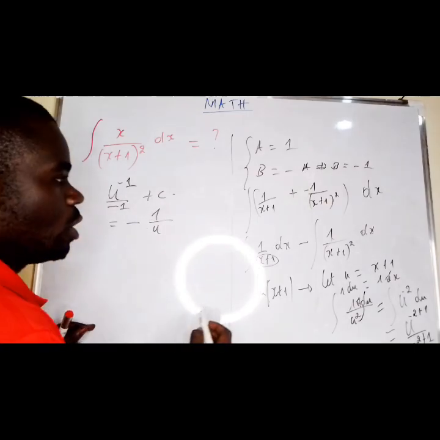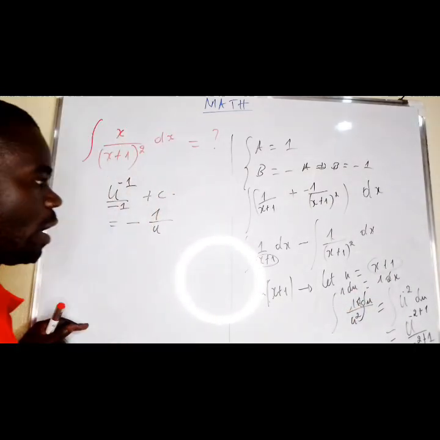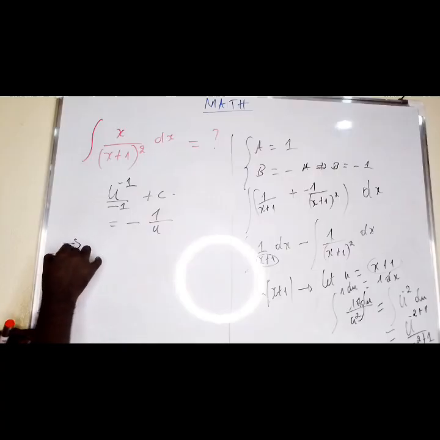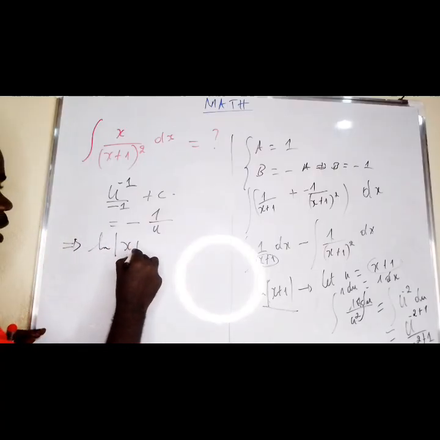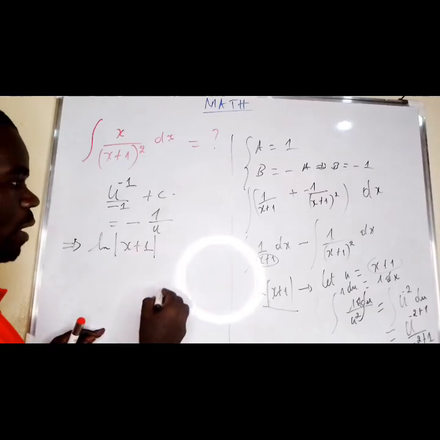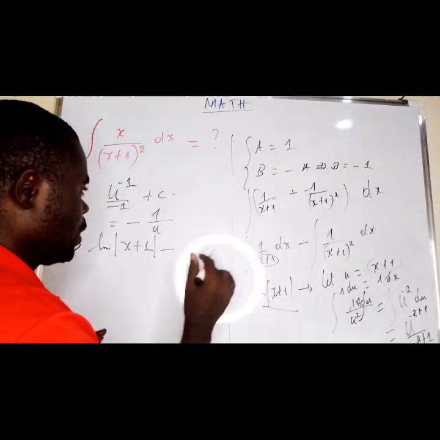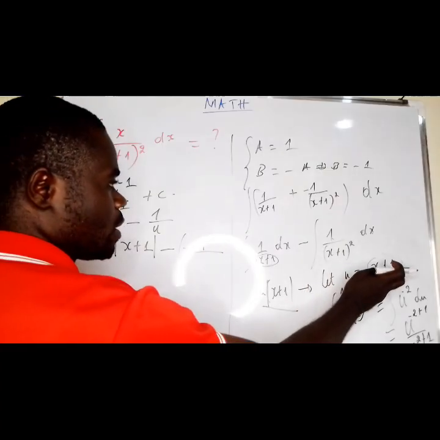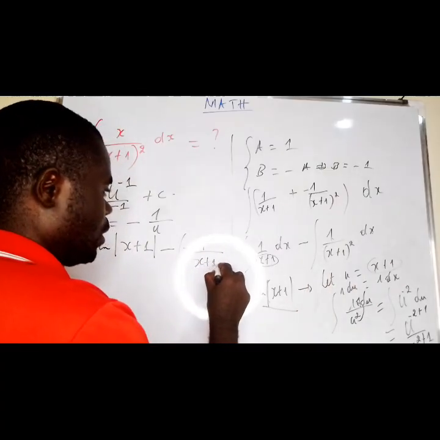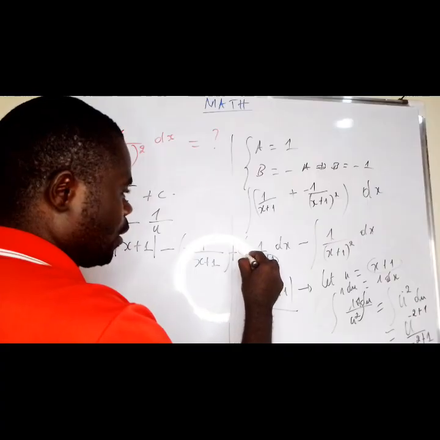You remember that u is equal to x plus 1. Now, the final answer: we have ln of x plus 1, then negative times negative 1 over u, which is x plus 1, then plus a constant.